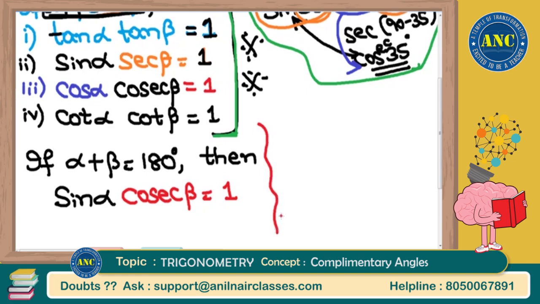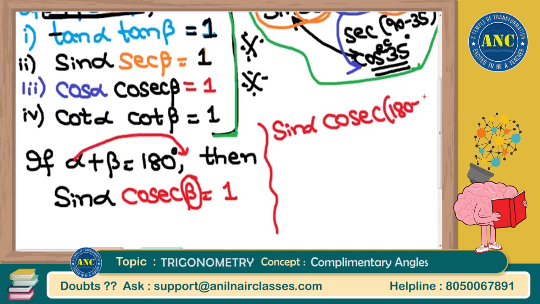Sir, can you prove it, sir? It is very easy to prove. Sine alpha into cosecant of beta. Beta is nothing but 180 minus alpha. So cosecant of 180 minus alpha. Now we know that whenever it is 180 minus theta, the trigonometric function will remain the same. It is sin alpha into cosecant alpha.